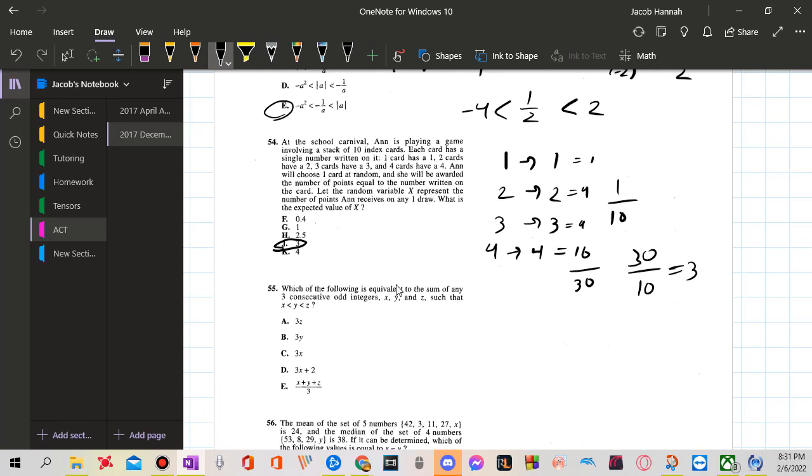So with 3 consecutive odd integers, let's say 1 plus 2 plus 3.